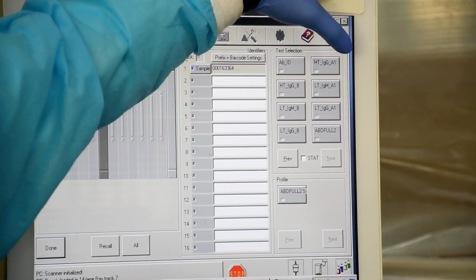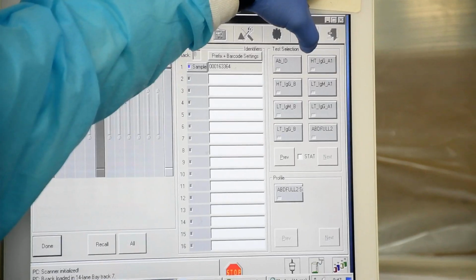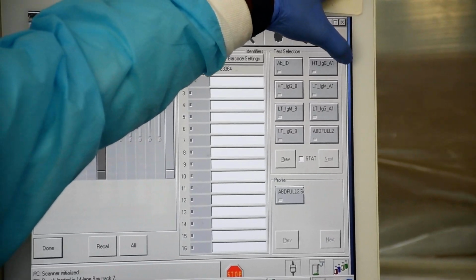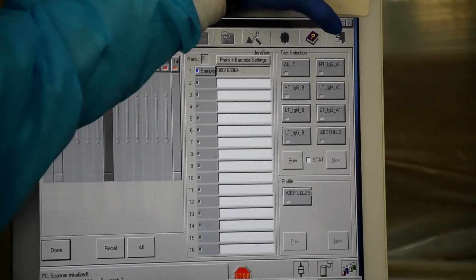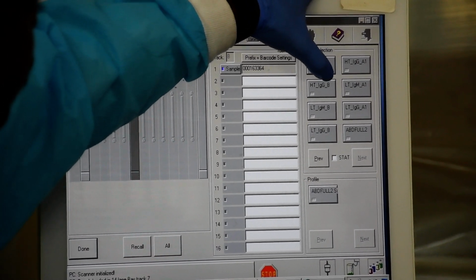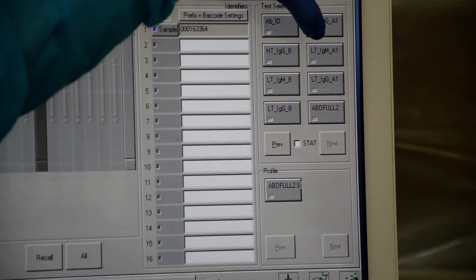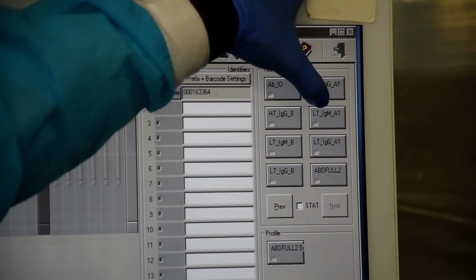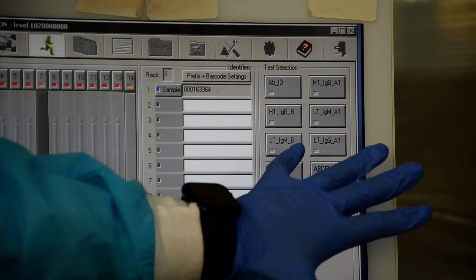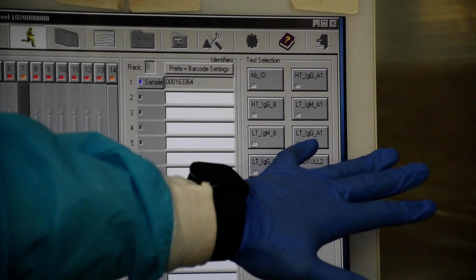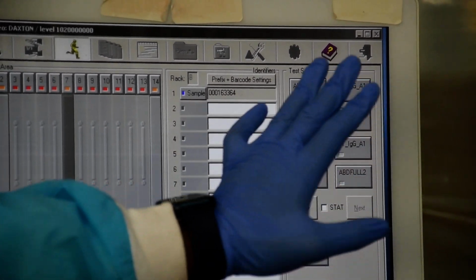This is what we are talking about: high titer IgG anti-A1, then high titer IgG anti-B, then low titer, the LT, low titer IgM anti-A, the same thing for anti-B, and the same thing for IgG A1 low titer.